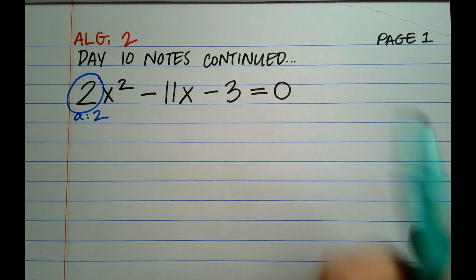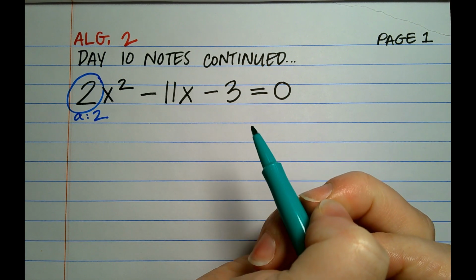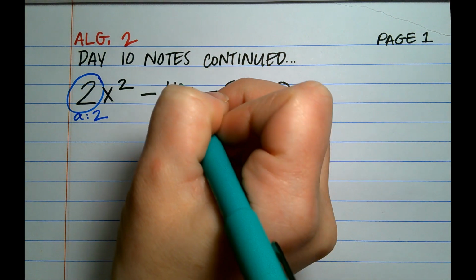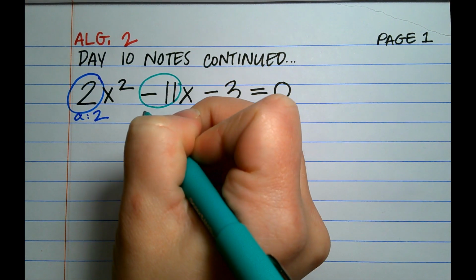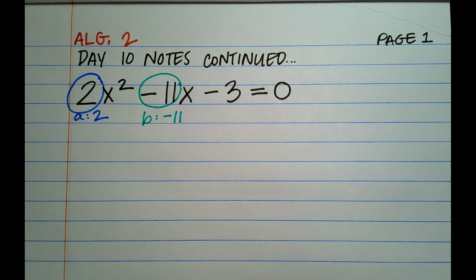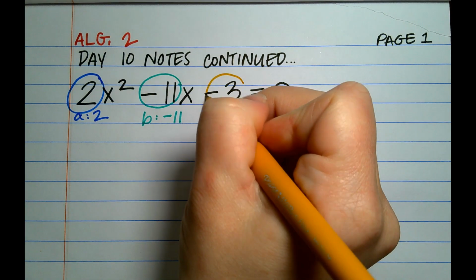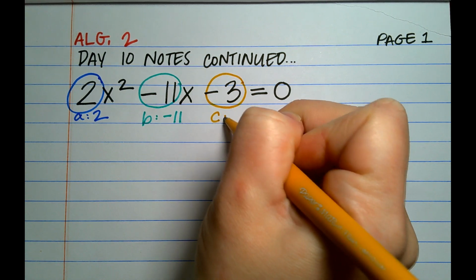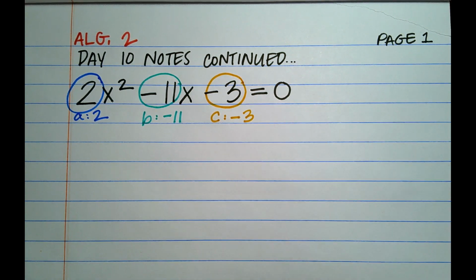Okay, then what? Negative 11 is B. Perfect. And finally, C is negative 3. Perfect.